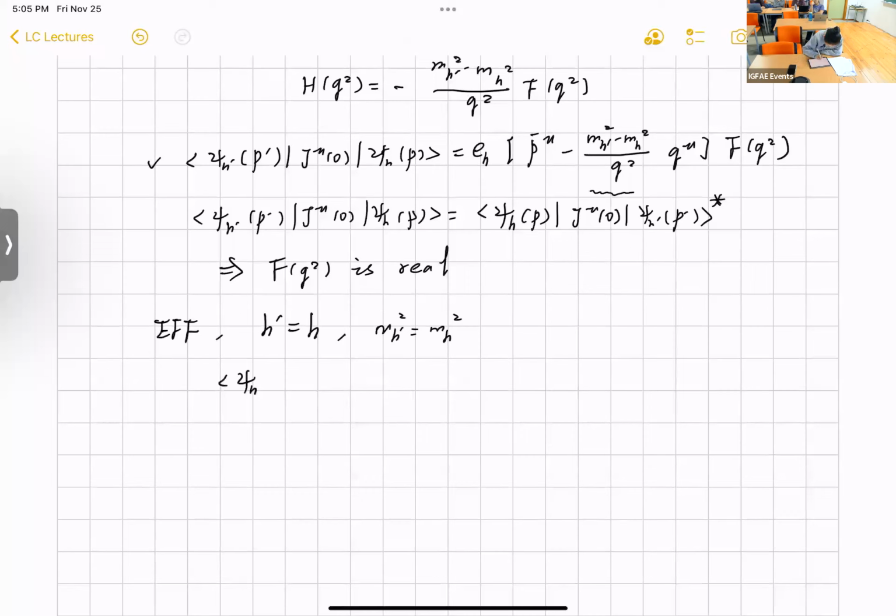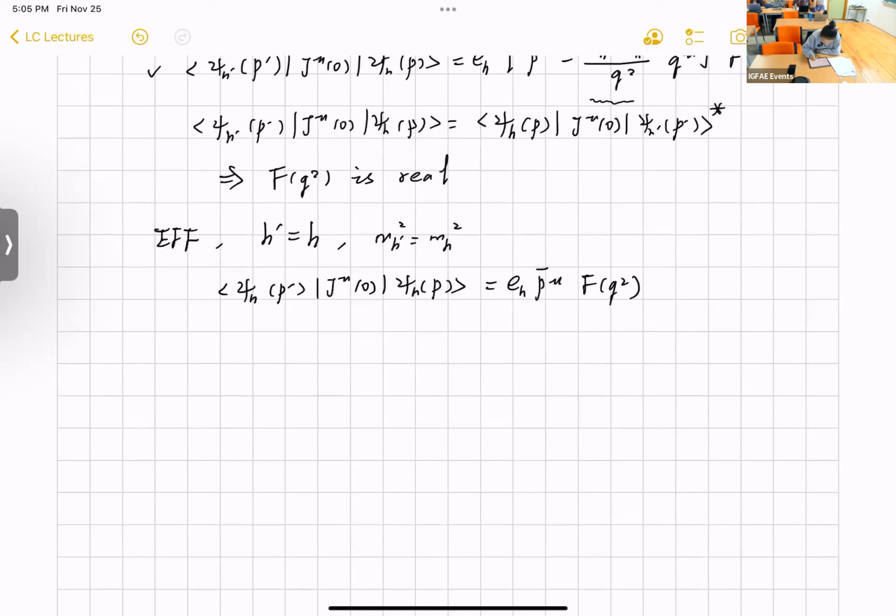So for the elastic case, the relevant Lorentz vector is the total momentum, and then there's only one form factor of q squared.